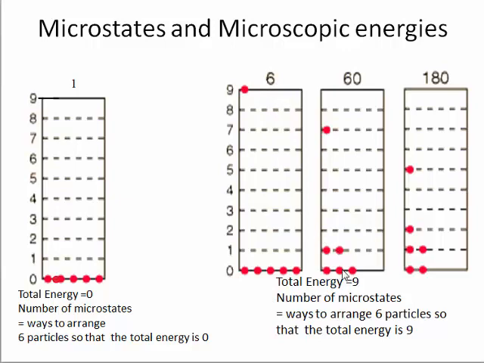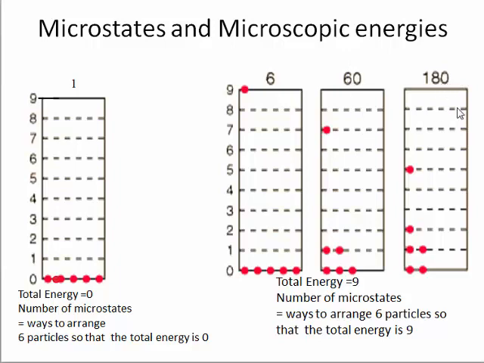You can have 3 particles with no energy, 2 with 1, and 1 with 7. There are 60 such arrangements. There are 80 such arrangements in which 2 particles have 0, 2 particles have 1, a particle has 2, and a particle has 5.